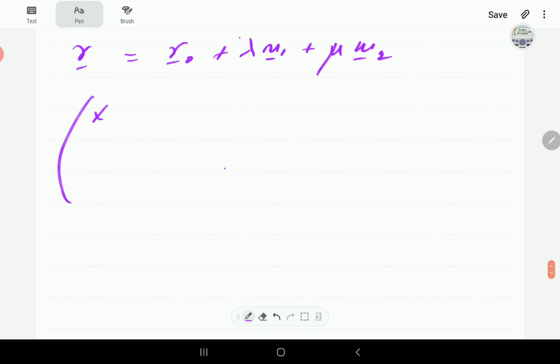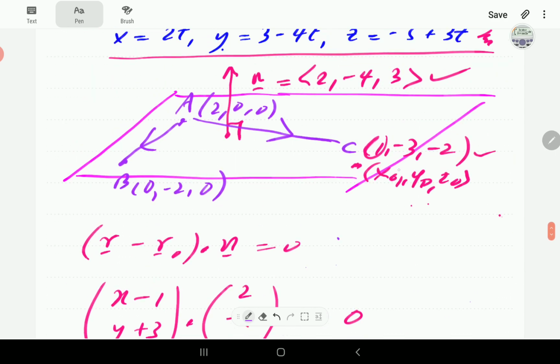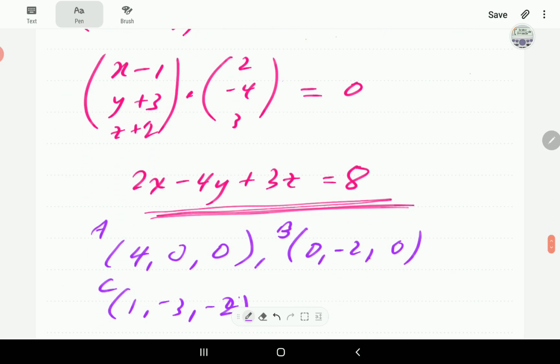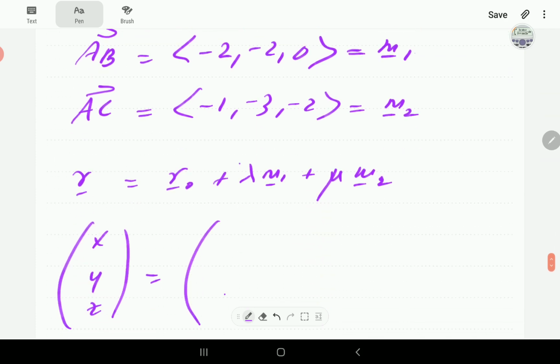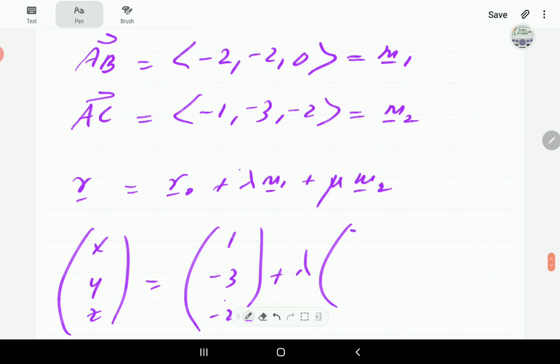So it's going to be (x, y, z) equal to the position vector of this point, (1, -3, -2), plus lambda M1, which is (-2, -2, 0), plus mu M2, (-1, -3, -2).